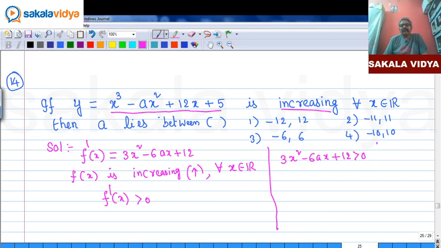In quadratic equations we have one theorem: if the x square coefficient a is greater than 0 and the expression is also greater than 0, it happens only when delta is less than 0. Delta means, comparing here, a is 3, b is minus 6a, c is 12.